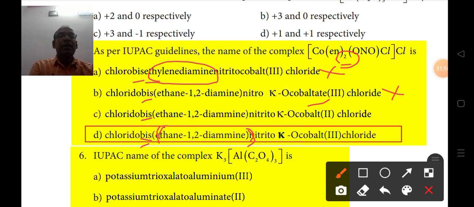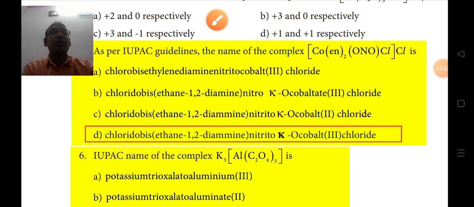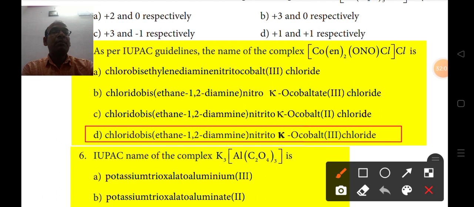Remaining C and D, the only change is the oxidation state of the central metal ion. For the oxidation state, we can find it for the central metal ion of the complex by putting X. En is a neutral ligand, therefore this term will be cancelled.